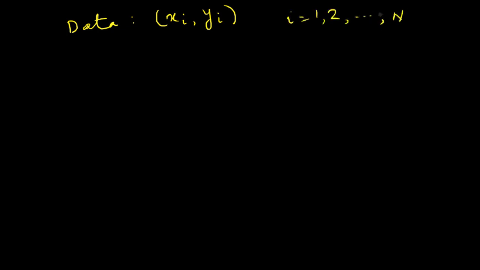So essentially what we have is a set of data points xi and yi, where i goes from 1 up to n and represents the number of data points that we have, where each xi and yi can be vectors in general.